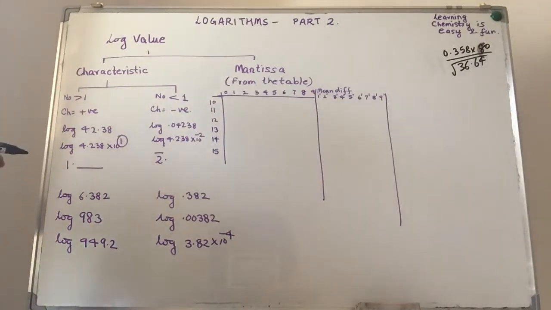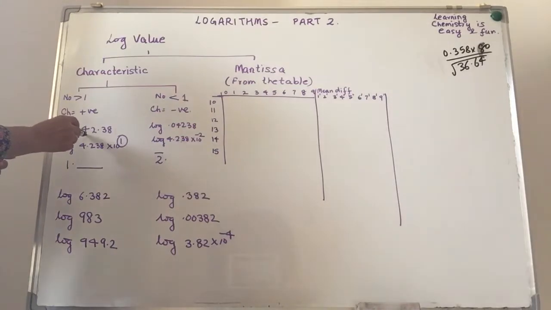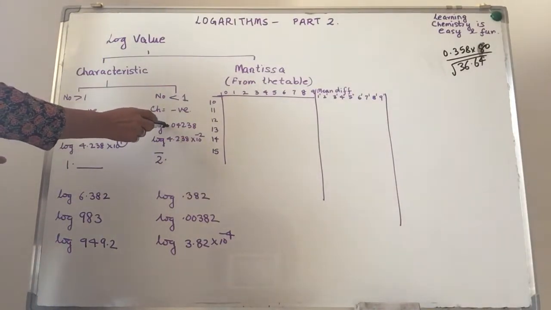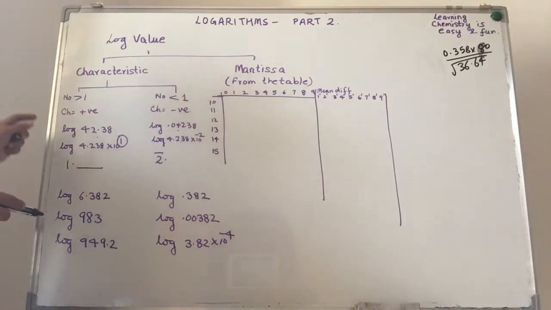Characteristic is the part which tells us how many digits are there before the decimal, or what is the position of the first digit after the decimal in a logarithmic value.